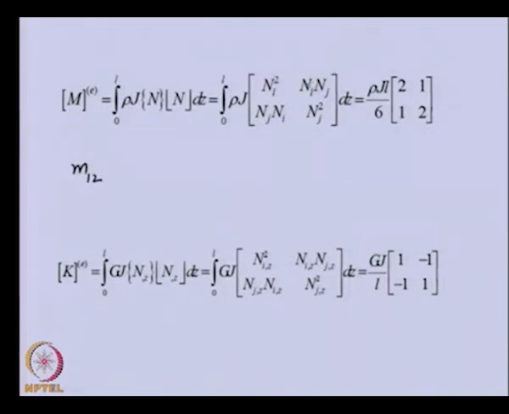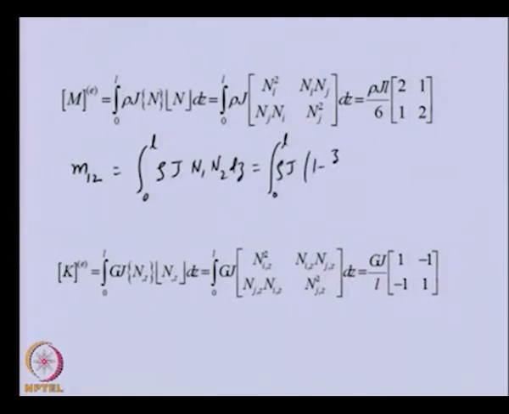Here we need to integrate from 0 to L over the length of the element rho j N1 N2 dz, and N1 and N2 we have already obtained earlier. These are the shape functions.